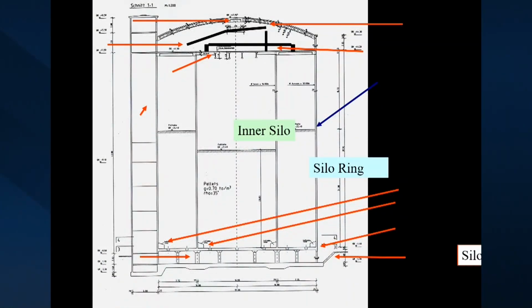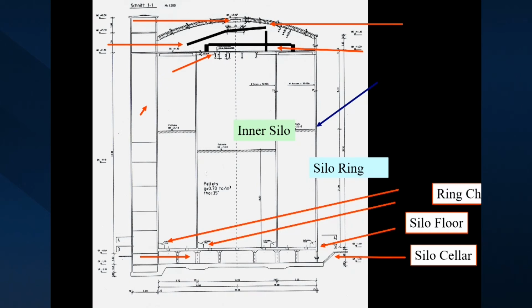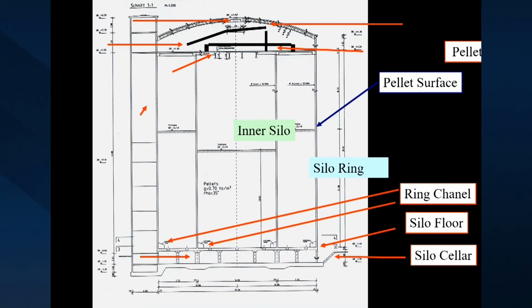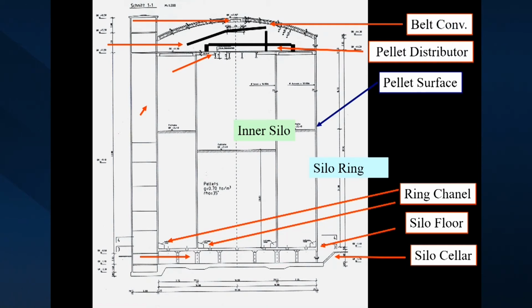Here you see the fire in the silo from the inside, and what you also see here is the pellet level. They had a problem in the transport system here. This problem caused burning material to fall into the silo.